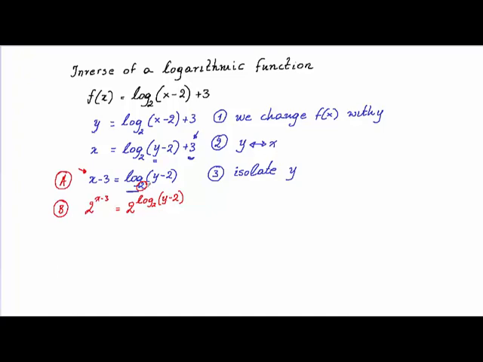So again, we choose the number 2 because 2 is the base, and then what we do is that instead of having x minus 3 equal to log with base 2 of y minus 2, these two quantities are equal, so we use them as exponents to our powers with the same base 2.